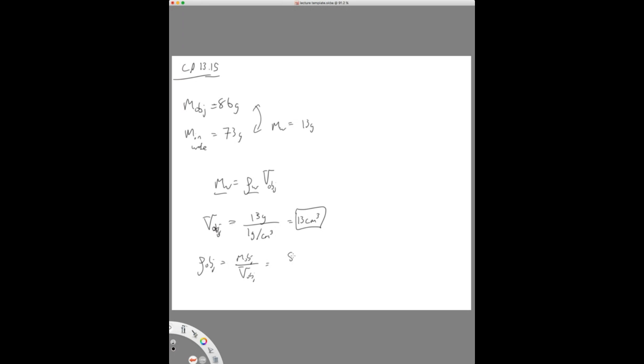The mass of the object is 86 grams and the volume is 13 cubic centimeters. And that is 6.6 grams per centimeter cubed. I like to write grams as GM sometimes because I don't like to confuse it with the acceleration due to gravity.